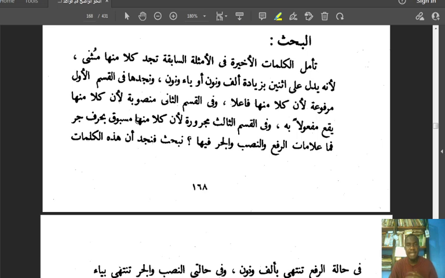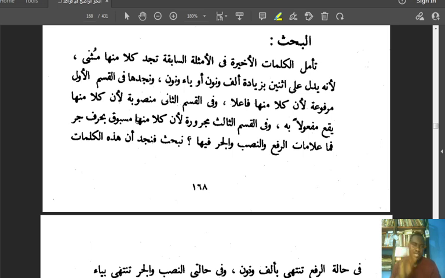He says, Al-Bahth. Ta'ammal al-kalimat al-akhira. Ponder over or think carefully about the last words fi al-amthila as-sabiqa, in the previous examples, that is the examples we've just seen. Tajid kullan minha muthanna. You find each of it to be dual.